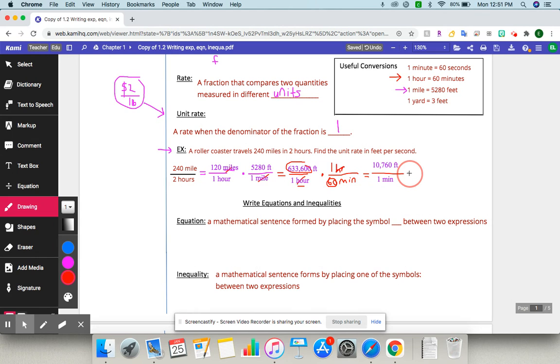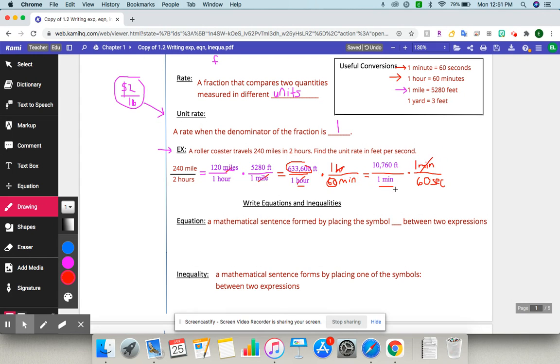And then I still need to convert minutes into seconds, so I'm actually going to apply the same idea. And since there are 60 seconds every minute, I'm taking 1 minute times 60 seconds. But again, in reality, I'm multiplying this whole ratio by the ratio of 1 minute per 60 seconds.